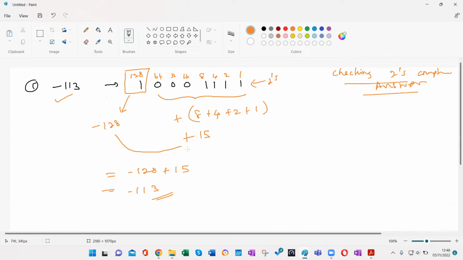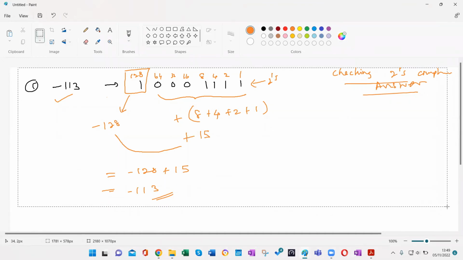So we have minus 128 plus 15. Add them together, you get minus 113. Is that clear? Any doubt, any question?